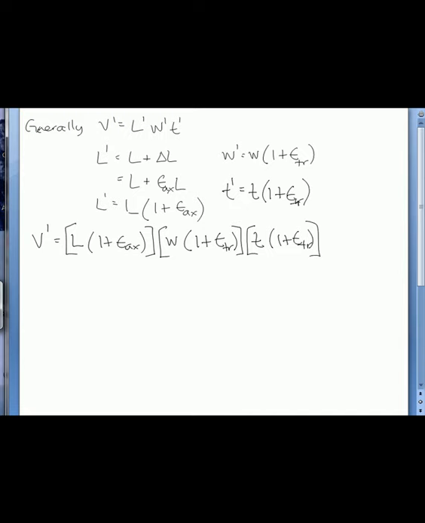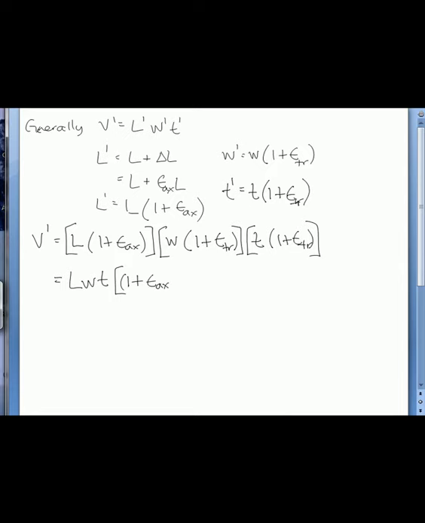The product of all of those terms is the new volume. Okay, well, rules of multiplication allow us to pull the length, width, and thickness terms out.